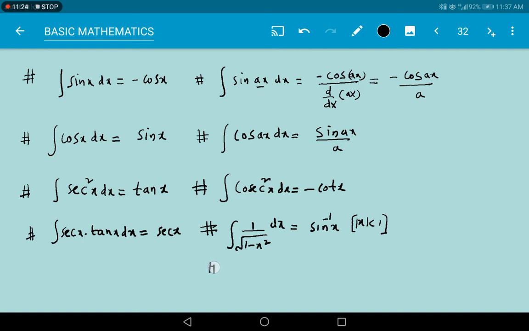Next, integration 1 by 1 plus x square dx is tan inverse of x. Next, one more formula, integration dx by x into root of x square minus 1 is secant inverse x.